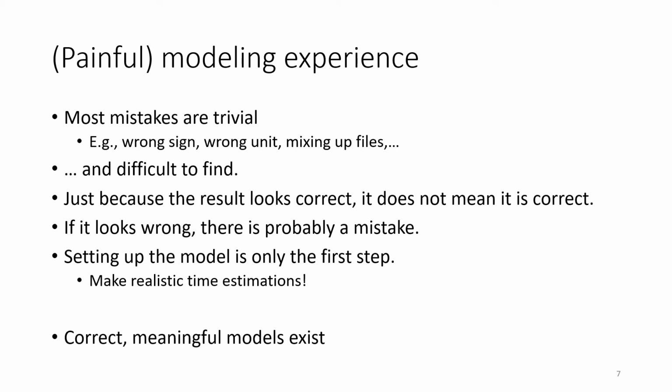Also, the other one is more trivial: if it looks wrong, there probably is a mistake, right? Don't show a simulation where you have the impression, oh yeah, there is something wrong, but I don't know where. So no. If it looks wrong, fix it. If it's wrong, fix it. Right.